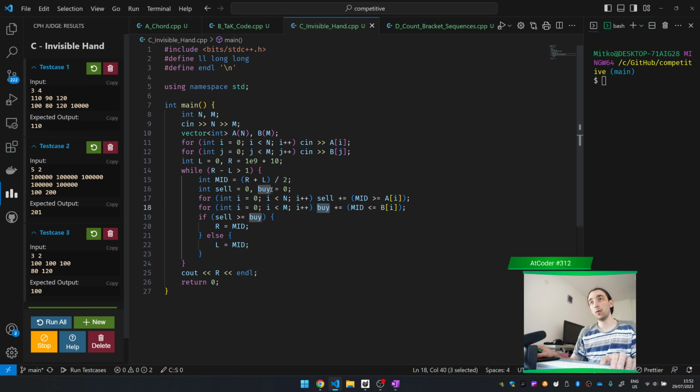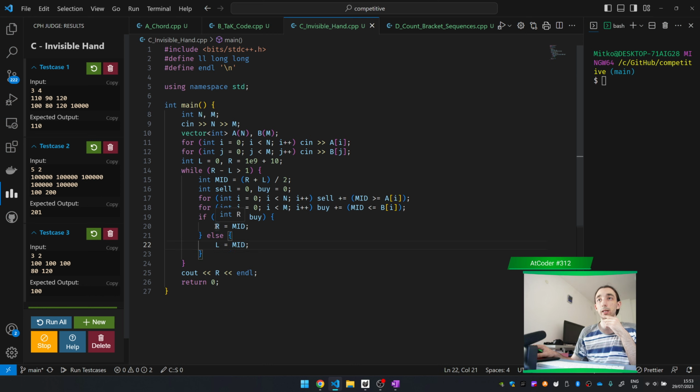How many buyers will buy this product? The buyers will buy if the cost is smaller than some B_i, right? And we want to find whether the sellers are more than or equal to the buyers. This is a valid statement, and this is an invalid statement.